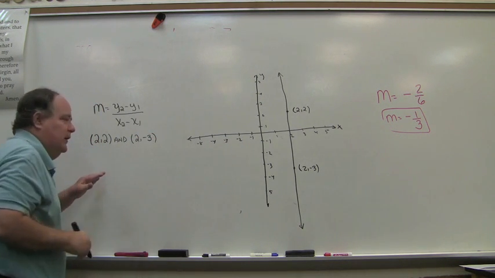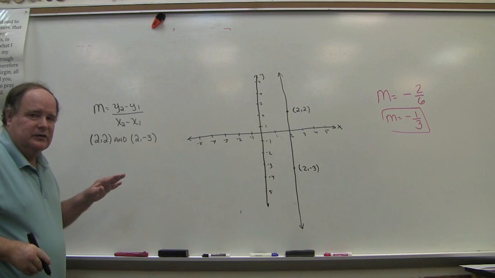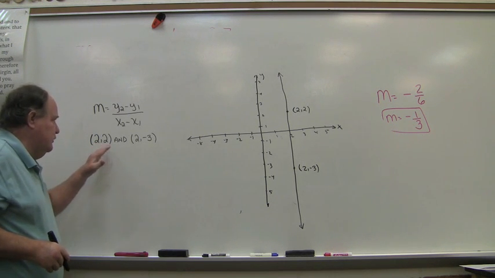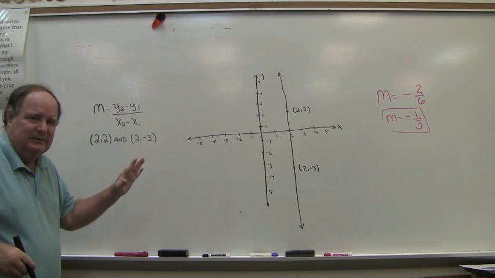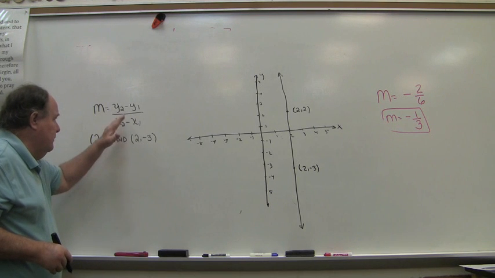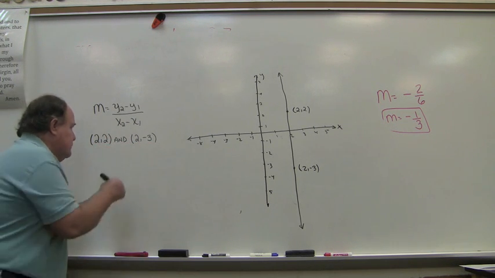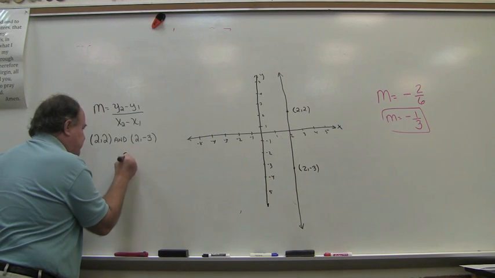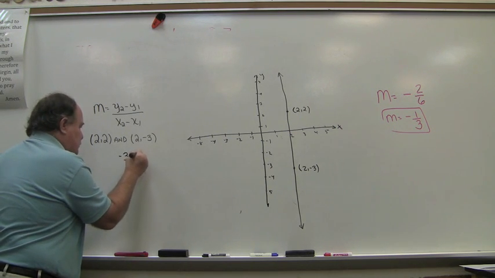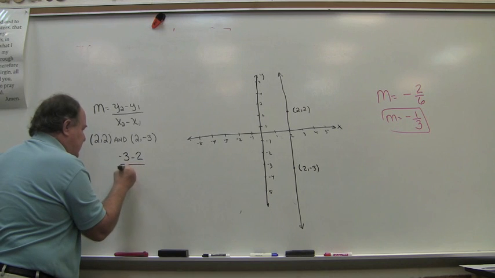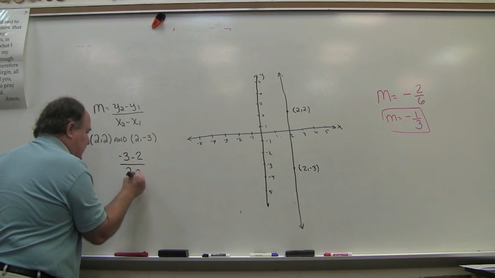As you saw before, it doesn't matter, we're going to get the same slope whether it's this first or that first, so we're just going to do it 1 time instead of 2. This is my y2, and this is my y1. So negative 3 minus 2, and then here I'm going to have 2 minus 2.